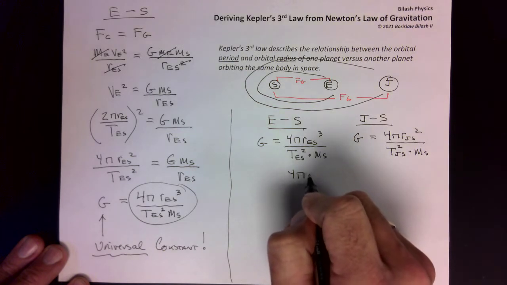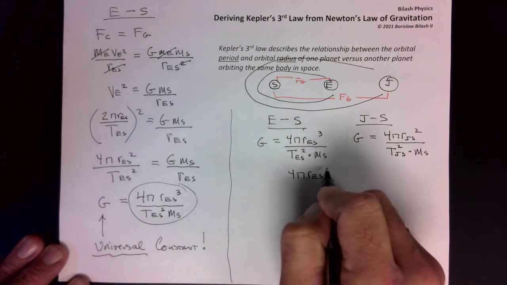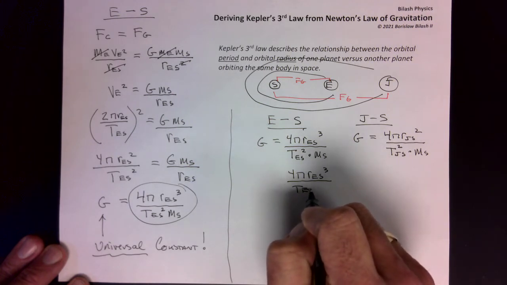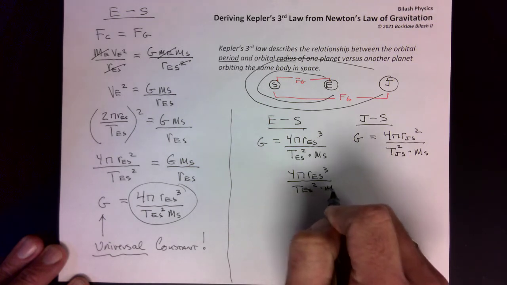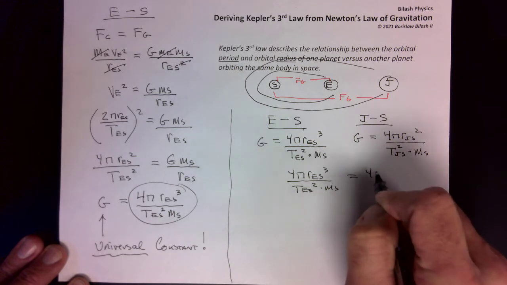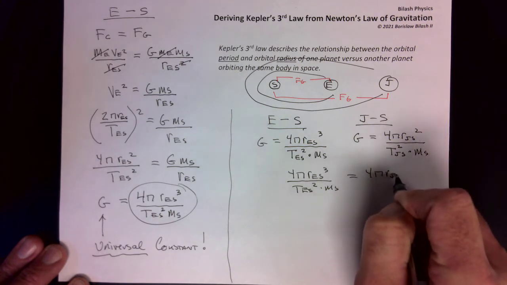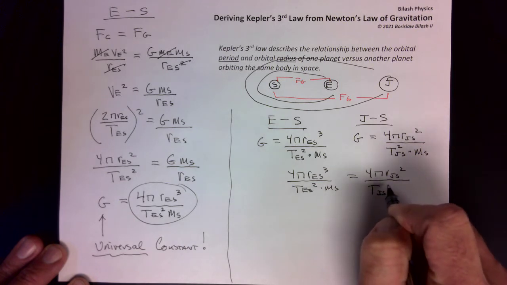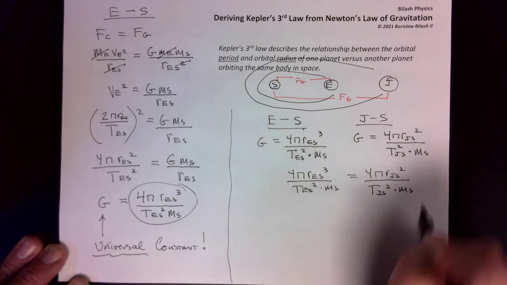So 4 pi squared RES cubed over TES squared times the mass of the Sun is equal to 4 pi squared R JS cubed divided by T JS squared times the mass of the Sun.